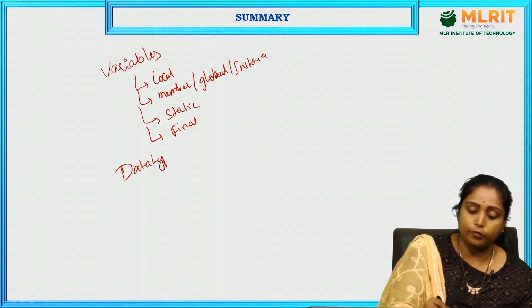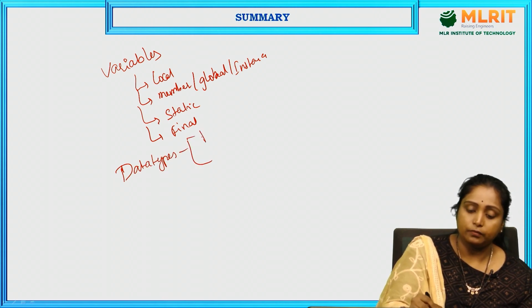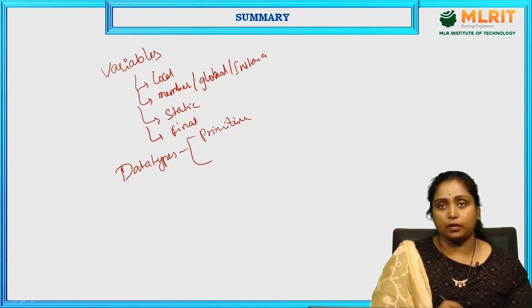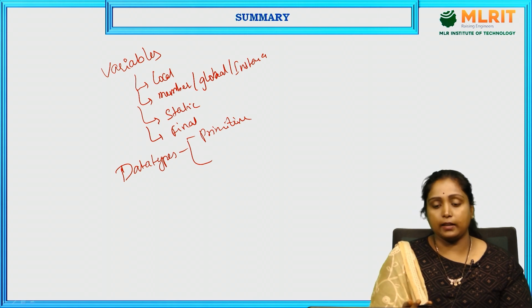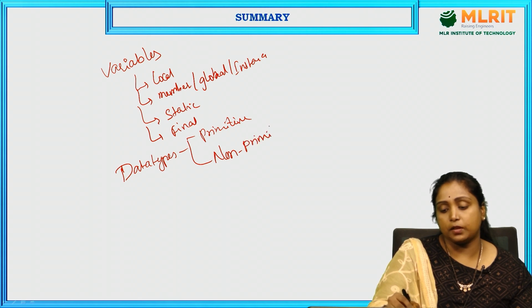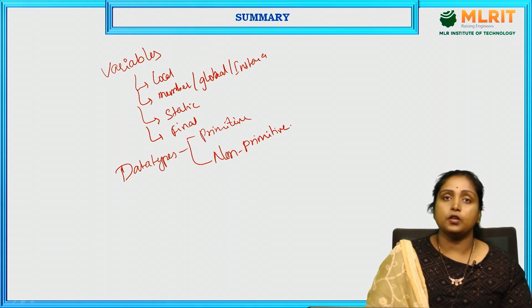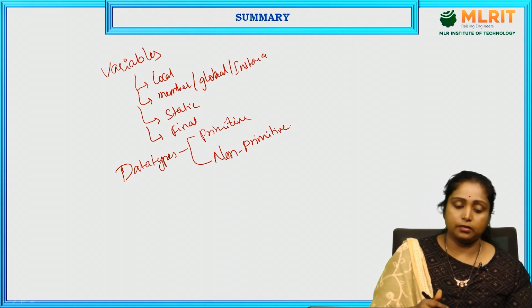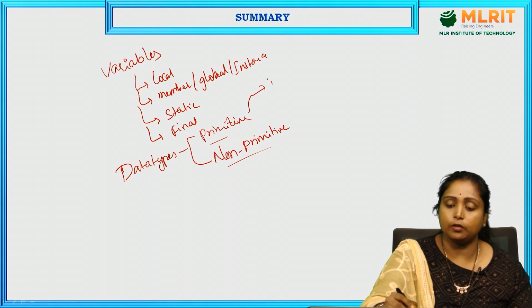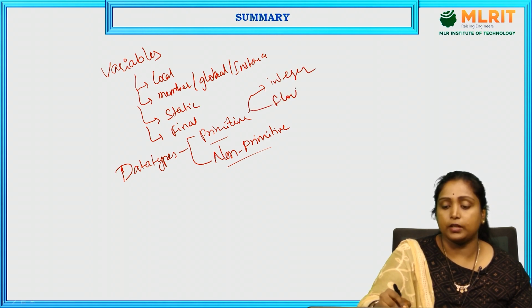There are primitive data types, which are there in the Java library, and non-primitive data types, which are objects or classes, either user-defined or built-in. In primitive data types you get integer types, floating types, and non-numeric data types.